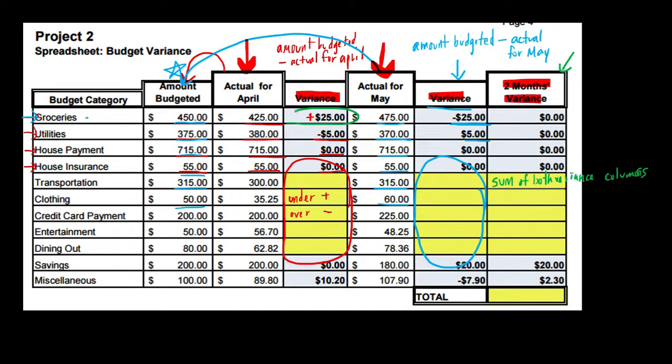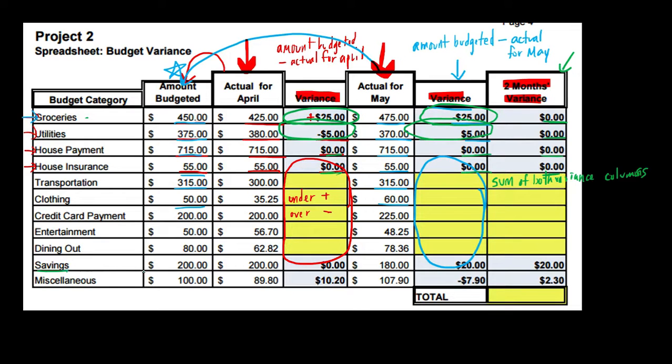There was a variance of 25, there was a variance of negative 25. Positive 25 plus negative 25 is 0. For utilities, there was a negative 5 variance and a positive 5 variance, so once again we get 0. For a house payment, there was a 0 and 0 variance, once again we get 0. For house insurance, 0 and 0 is 0, and so on down the list.